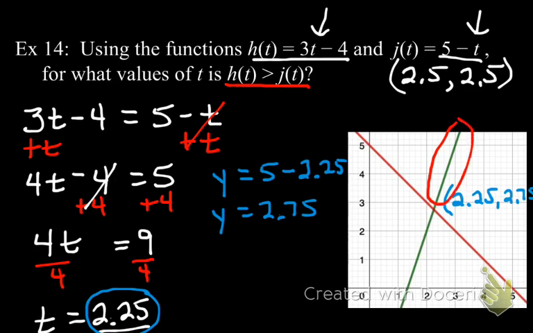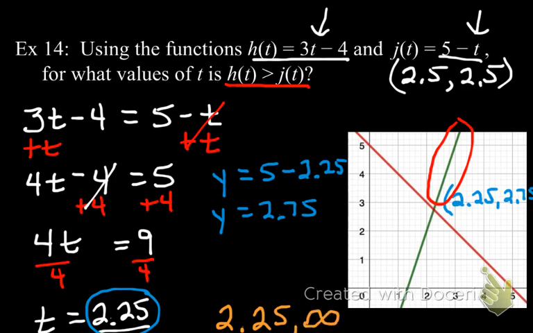Starting at 2.25, the green line is going to be greater than that. Well, it's actually after that, and then forever on, it's going to be greater than.